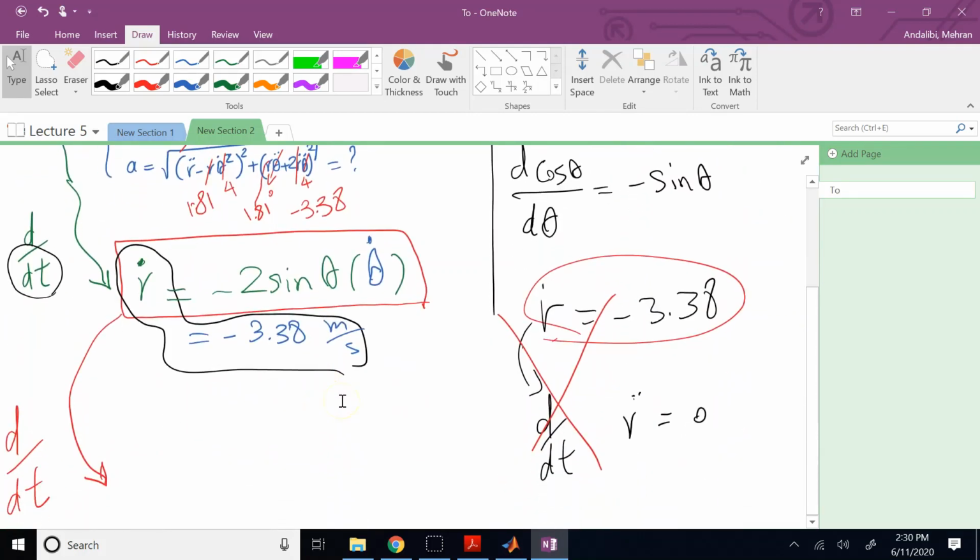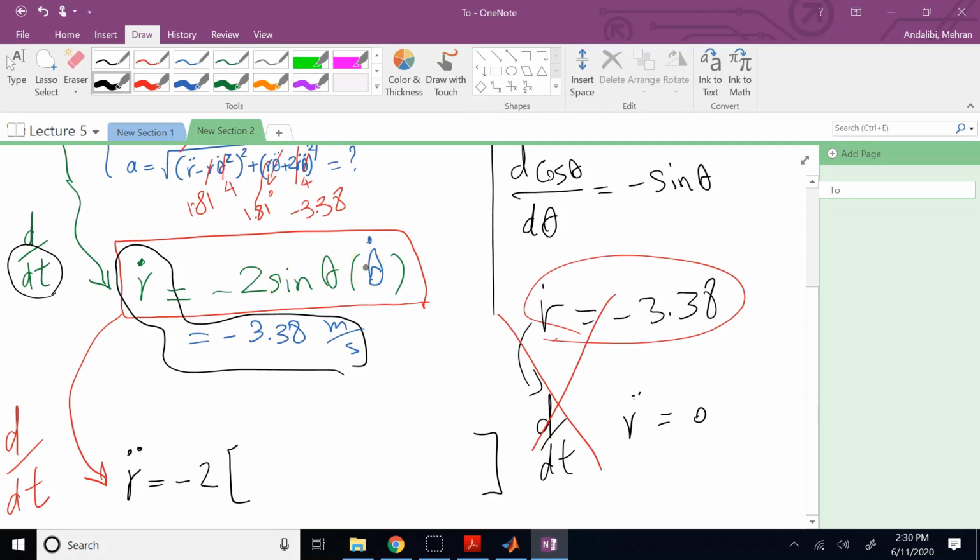So now, if I take derivative of r dot, it is going to be r double dot. Good. This -2 is a constant. I keep it. And I have now sine theta, theta dot. I have to take time derivative from sine theta, theta dot.